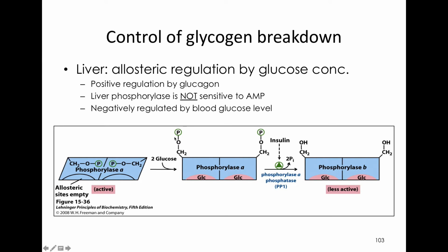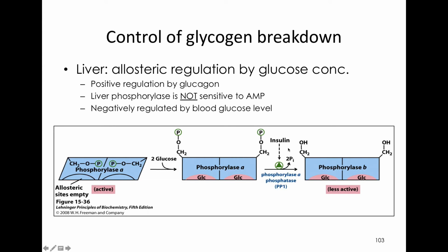So this phosphate group is exposed, and this is an easy target for phosphorylase A phosphatase, PP1, which is activated by insulin. Phosphorylase A phosphatase will cut off the phosphate group to make this enzyme less active. Okay, so it's the relationship between glucagon and insulin.